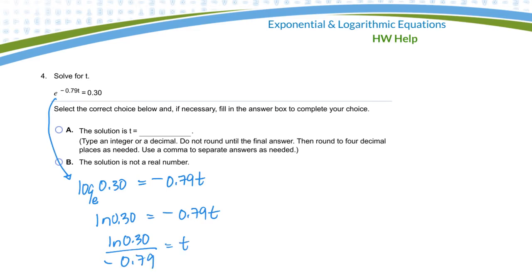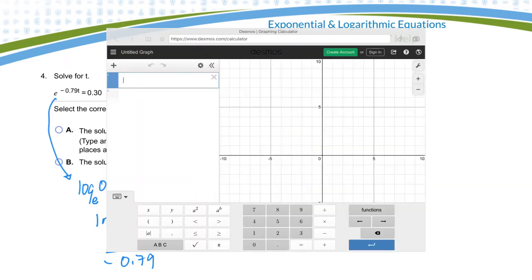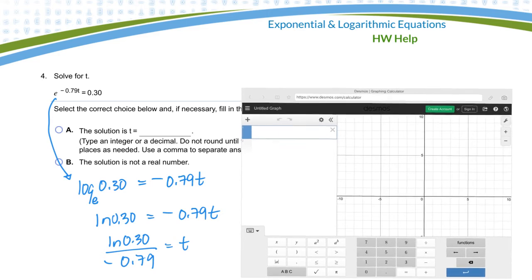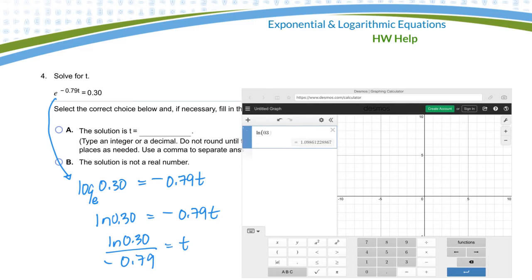Let's pull out decimals and figure that. Okay, so it'll be ln of 0.30. Oh, I didn't get a point. I'm finding that you have to be fairly accurate in your tapping.